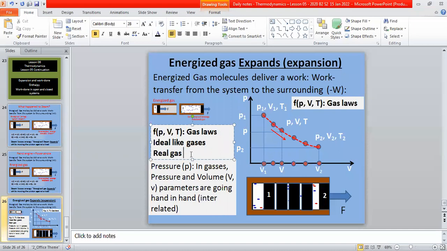And for real gases, for example for nitrogen, there can be a function of PVT, a PVT connection. For oxygen also there can be a PVT connection, and there can be a little difference, generally because they are different molecules, nitrogen and oxygen.